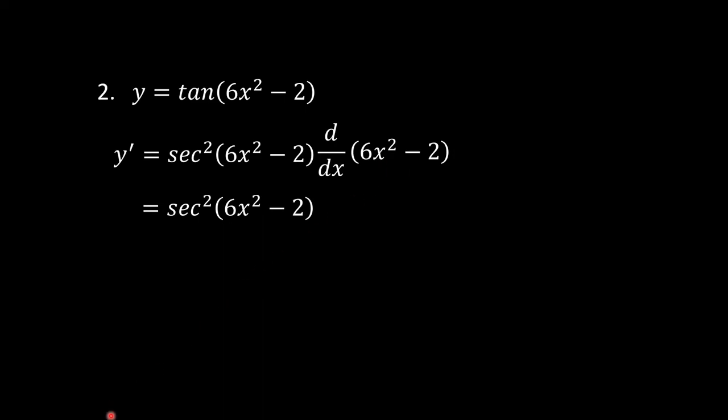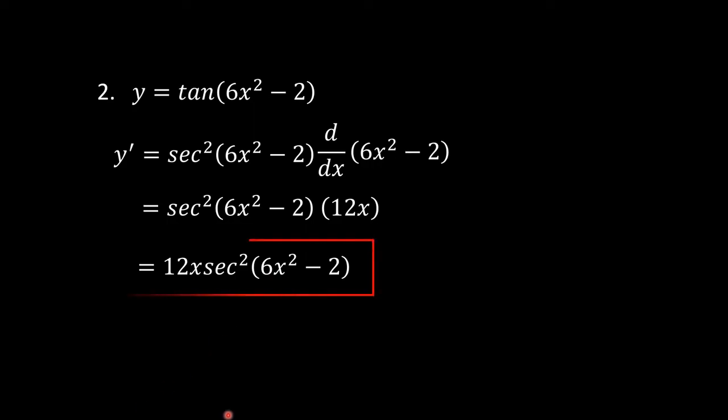So times 12x. And then write 12x before secant squared of 6x squared minus 2. So this is now equal to 12x secant squared of 6x squared minus 2. The answer is 12x secant squared of 6x squared minus 2.